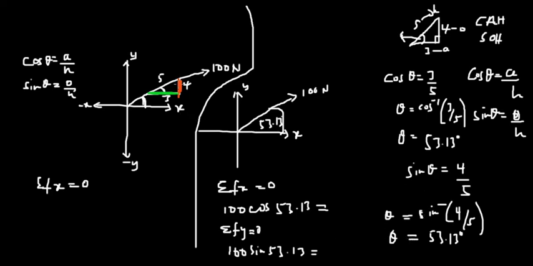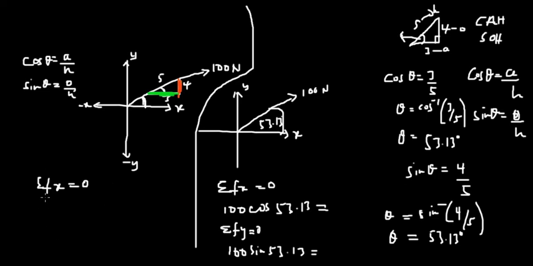Whenever you are given specific questions like this, you could notice that this is your x-axis for this specific right angle triangle, and this is your y-axis. So all you have to do is just insert them over here.